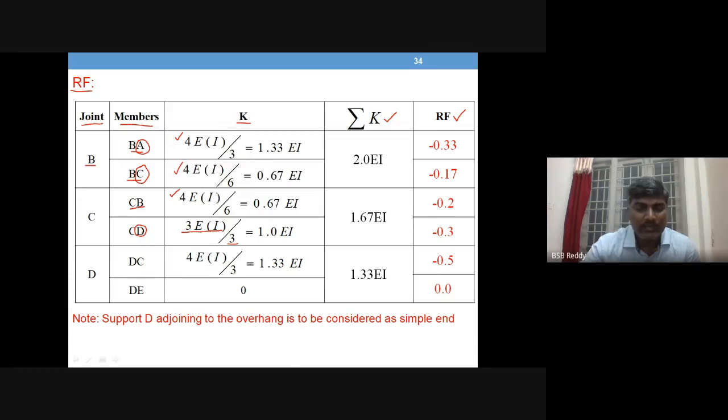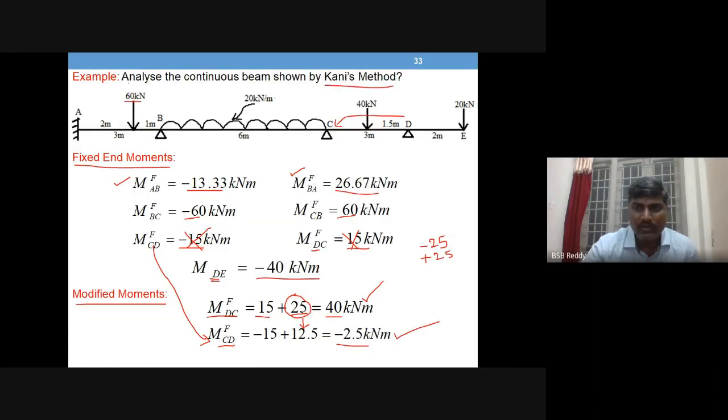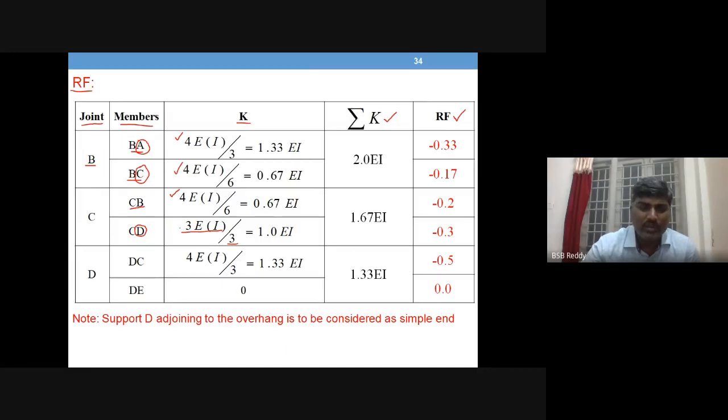So for CD, D looks continuous, but you have to treat this as an end hinge. So modify the stiffness value. Okay, so this is a change. Right. Then DC is again where C is continuous, so we use 4EI by L, and DE is 0 because it is a cantilever.